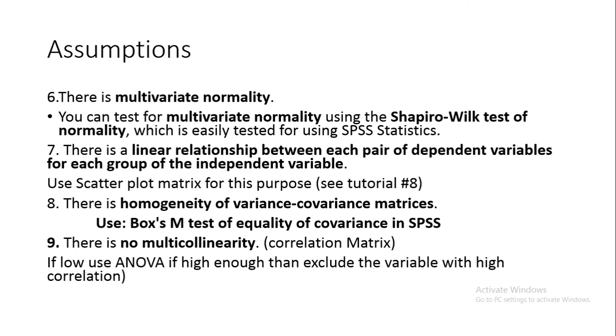If there is very low correlation between the response variables, then you can opt for univariate one-way ANOVA for each variable separately. If there is relatively much higher correlation in the data, then the dependent variables with very high correlation should be excluded from the study.